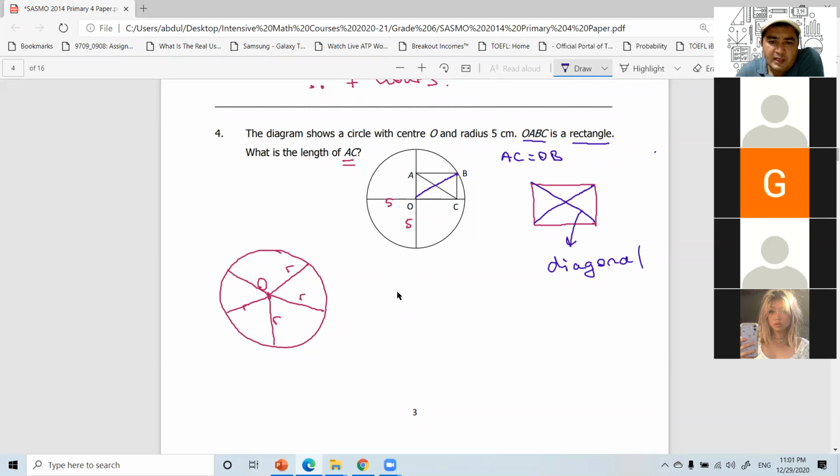What is OB? As you see here, O is the center of the circle and B is a point on the circle. So it is just a radius of the circle. And the radius of the circle is 5 centimeters. So OB is equal to AC, that's equal to 5 centimeters. So the answer, AC, is equal to 5 centimeters.